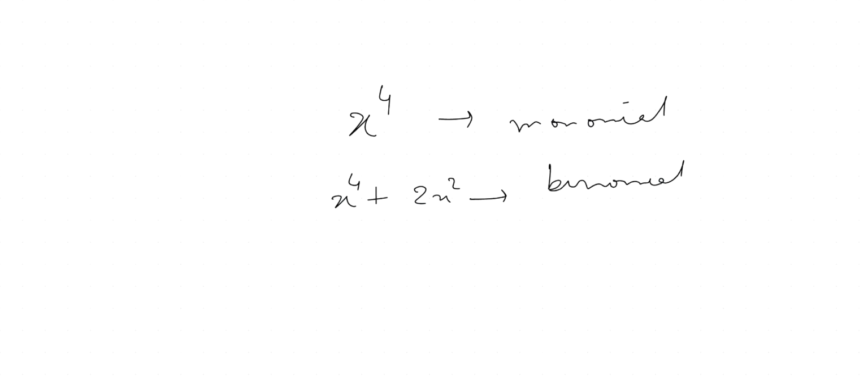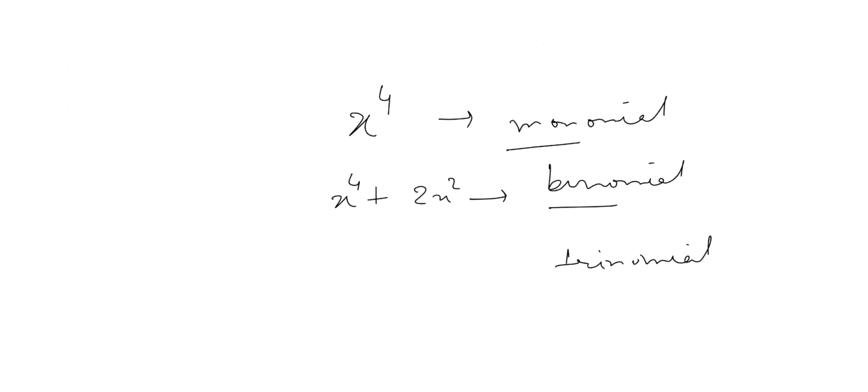Imagine if I write x to the power 4, I can call it a monomial. And if I add one more term like x to the power 4 plus 2x squared, now this becomes a binomial. And as you can probably guess, you can also have a trinomial. So I'll just add one more term.